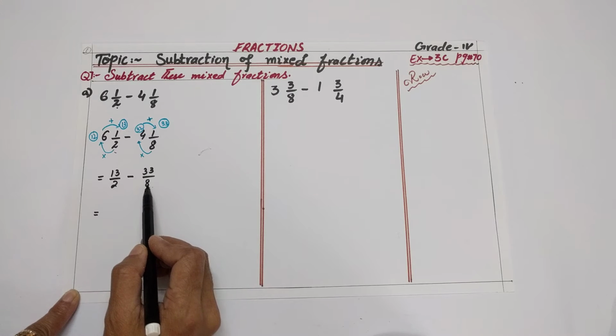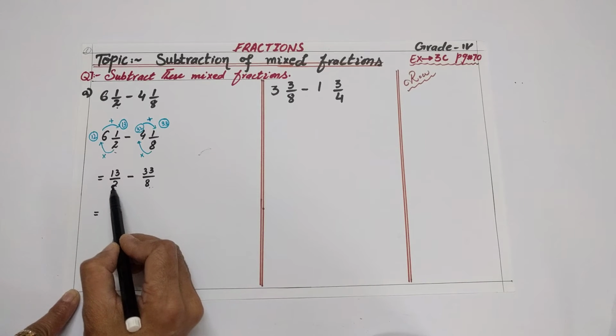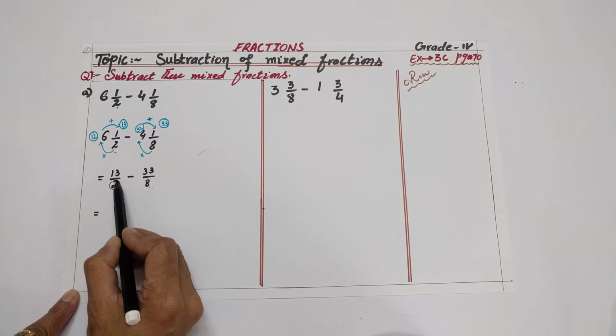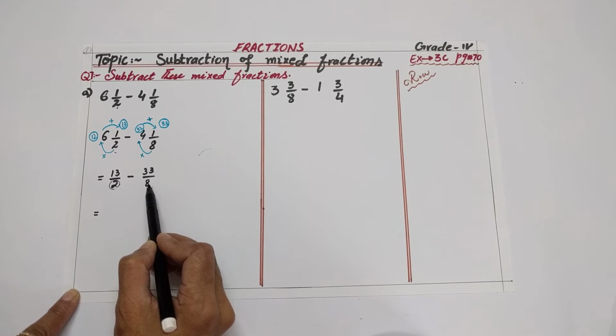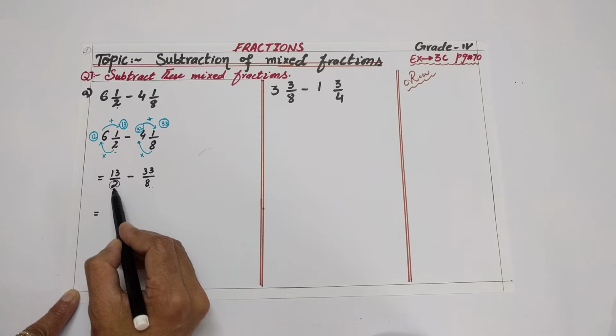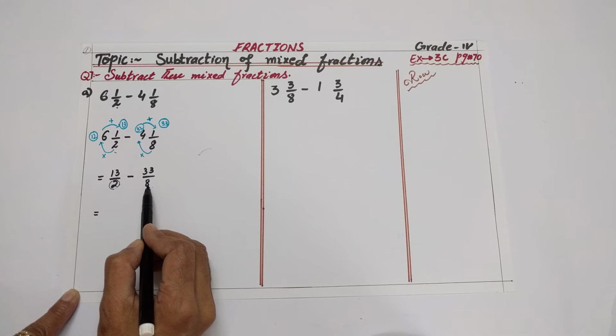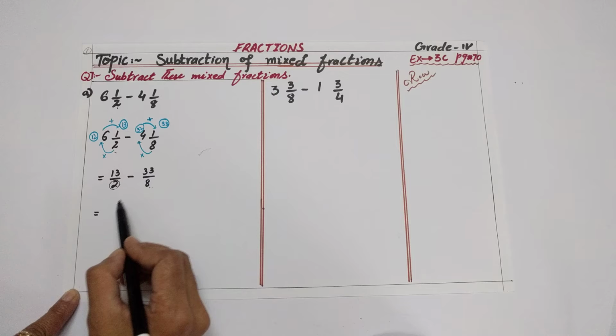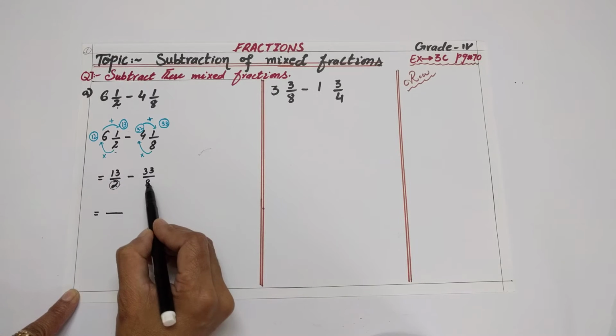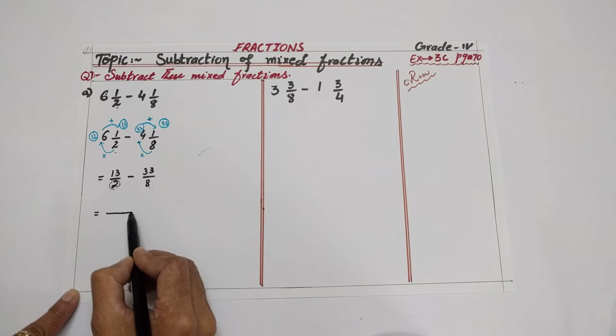To do that, you check the smaller denominator and whether it is a factor of the other. Yes, 2 is a factor of 8. You will just work with the smaller denominator. The fraction with the greater denominator will stay as it is.